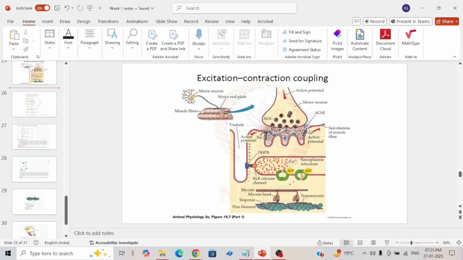You told me the three cells which uptake glucose: the skeletal muscle cells, the liver cells, and adipocytes. Adipocytes are the cells which store fats, and the glucose uptaken by these adipocytes will be converted into fats and stored in them.